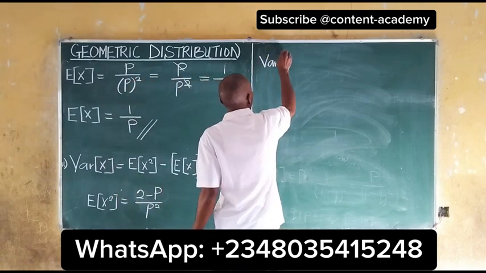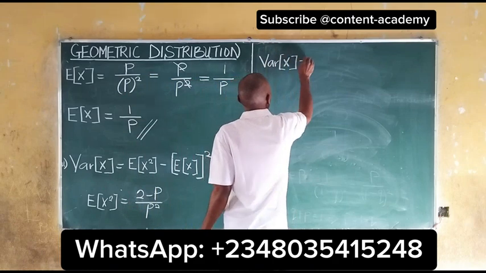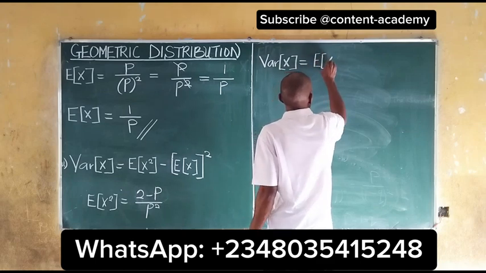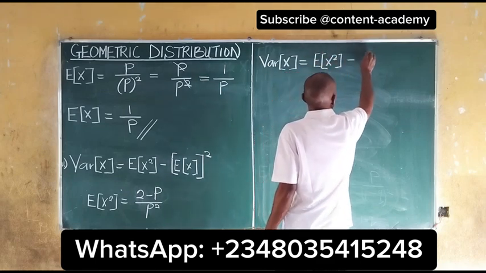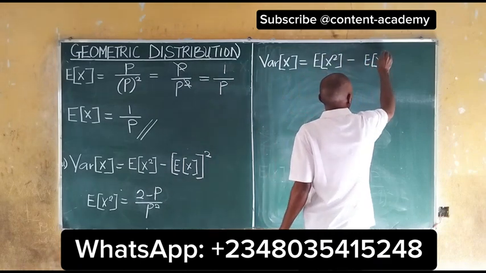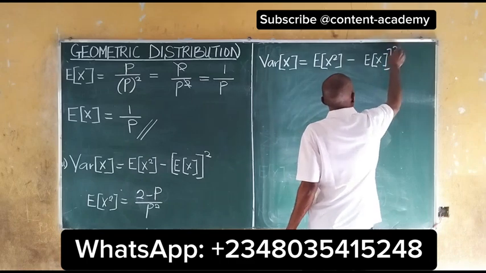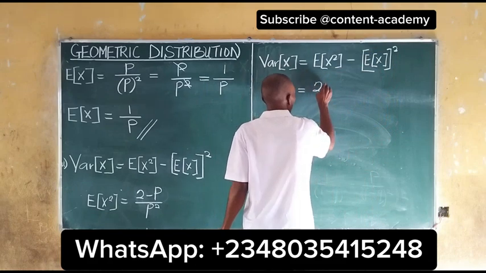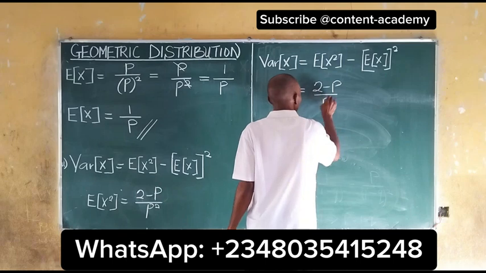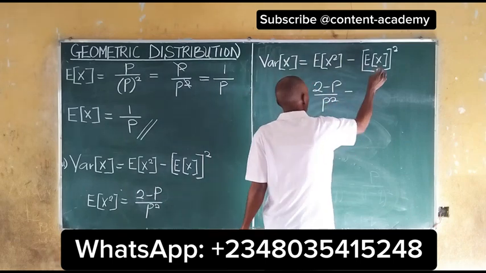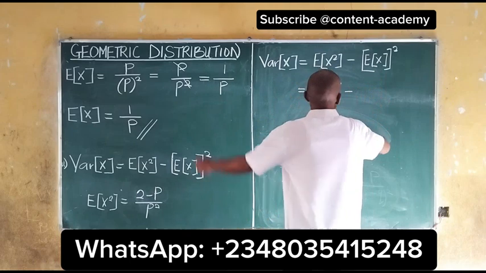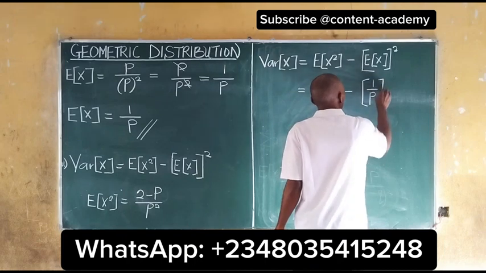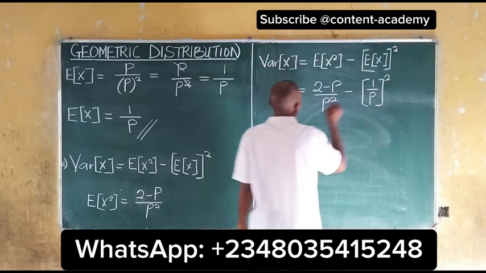So our variance of X will now be equal to the expected value of X squared minus the expected value of X all squared. We have that the expected value of X squared is (2 minus p) all over p squared, minus the expected value of X, which we got as 1 all over p, all squared.